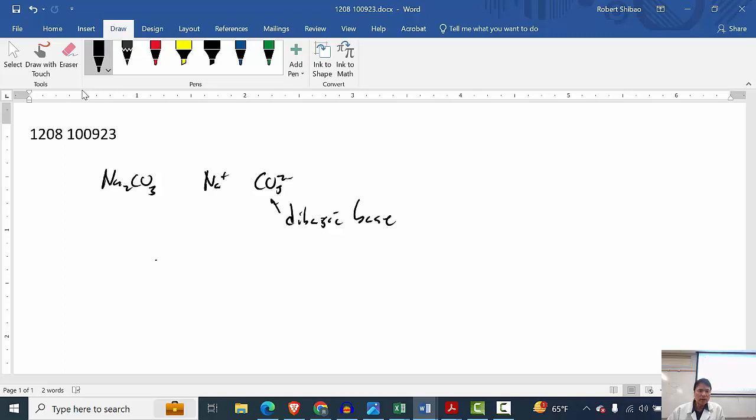And so when I look at a dibasic base like this, a base will hydrolyze water to form, in this case, bicarbonate and hydroxide. And so this is what we call Kb for carbonate.